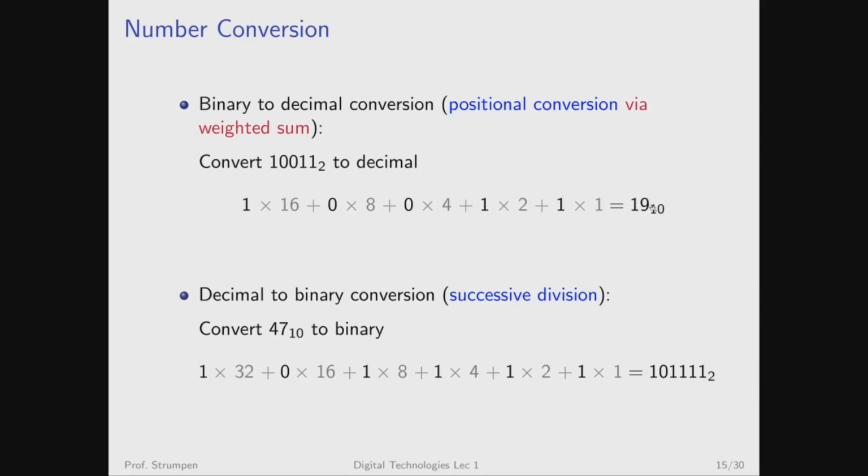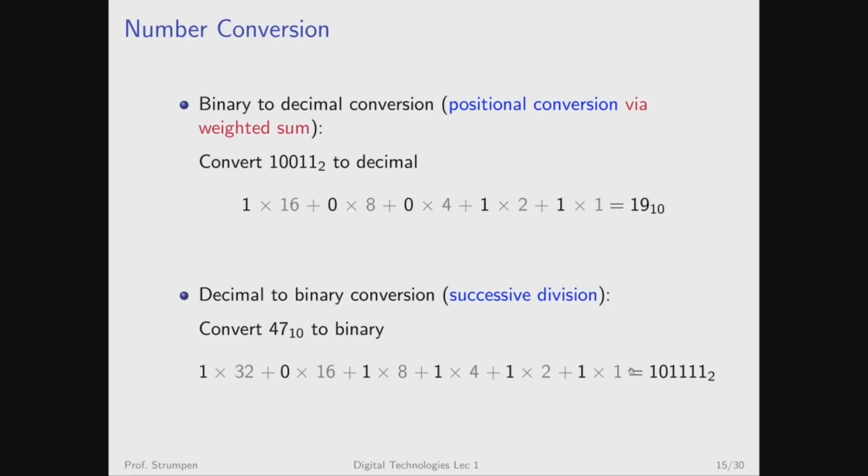And you can see now why I'm very vigorous about using the subscripts. I annotate a number with the base of the number system in the subscript to ensure that I know with respect to which base I have to interpret that number.